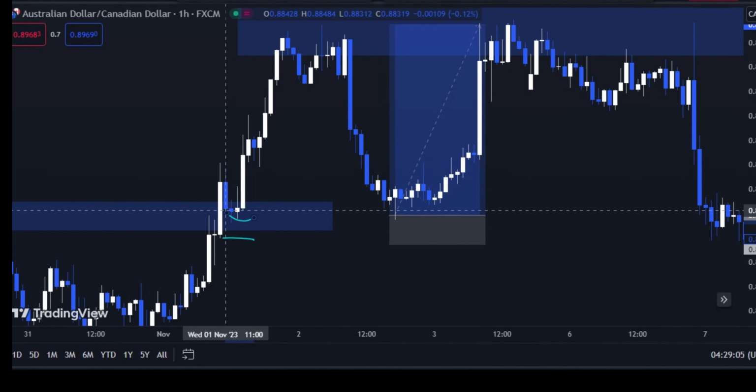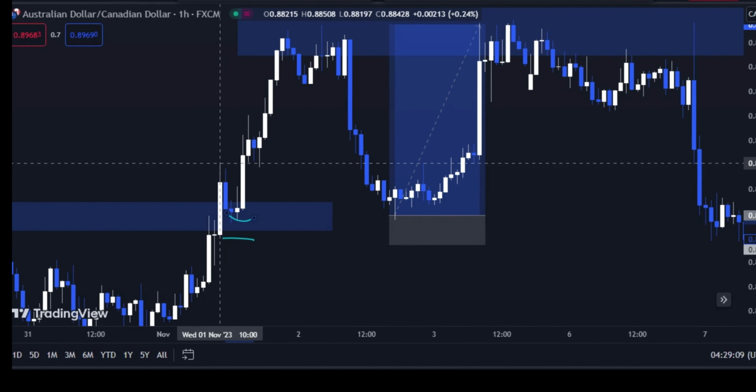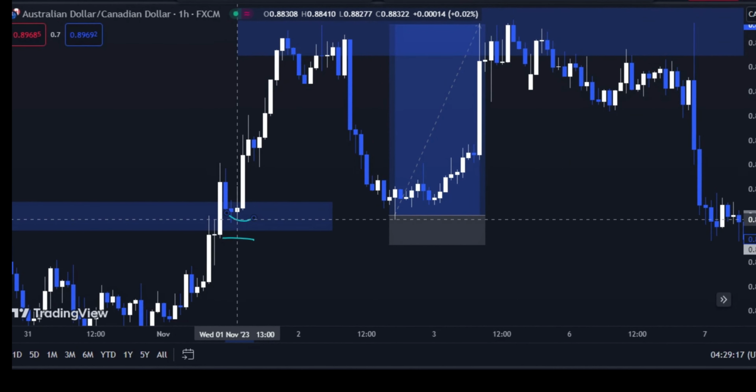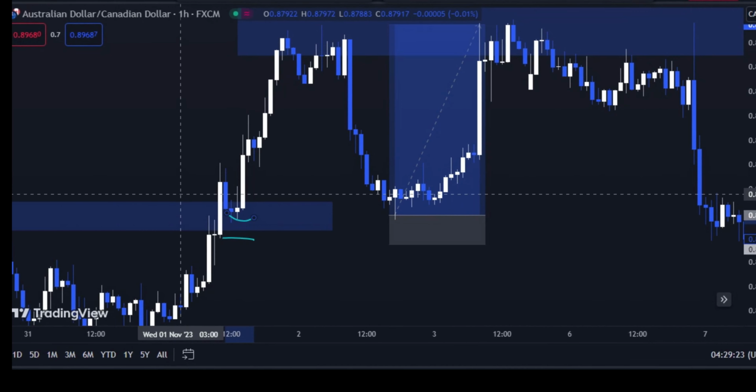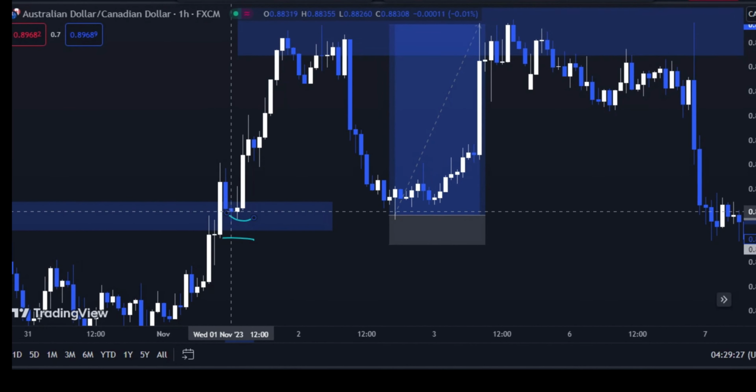But price failed to take out the low of these candles. So anything that is happening between here and here is considered internal structure within this candle. So this is not considered a valid pullback. This is just a movement in price. We don't consider this as a valid pullback.